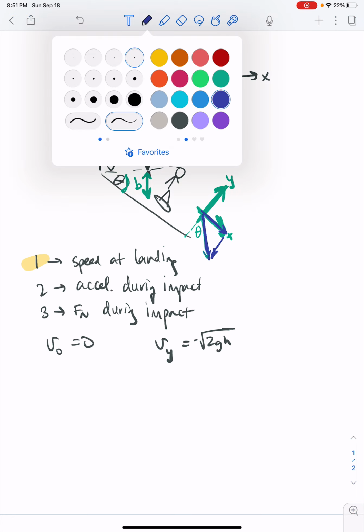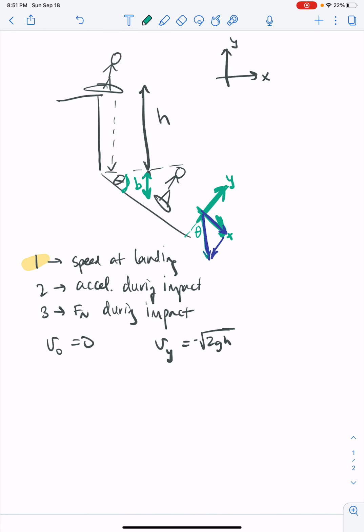For the beginning of this problem, we're only going to need to worry about the velocity along this rotated y-axis. So along this green rotated y-axis, the y velocity is negative square root of 2gh cos theta. The x is square root of 2gh sine theta, just for completeness. All right. So now we found this first thing.